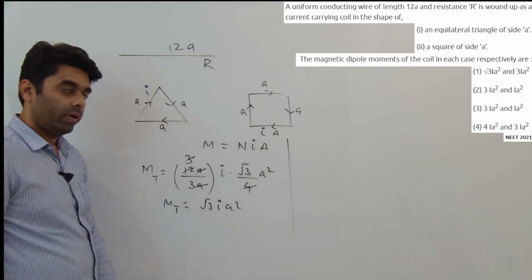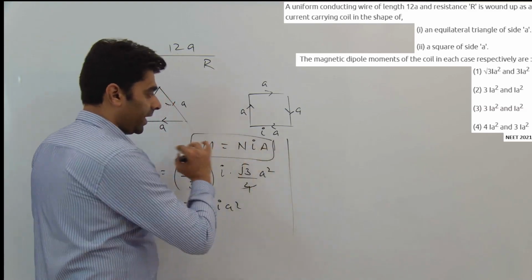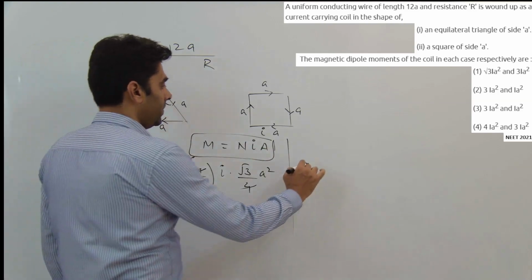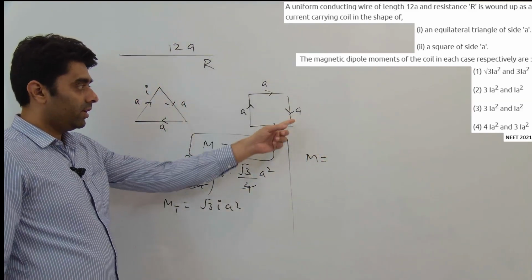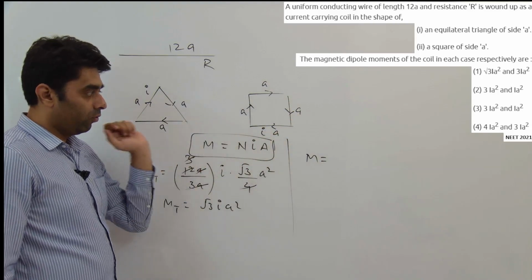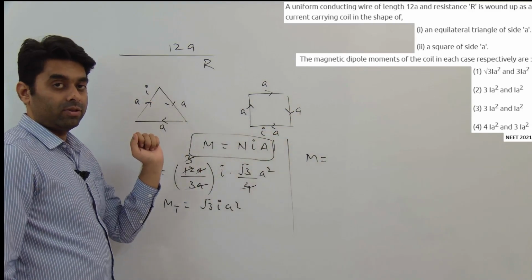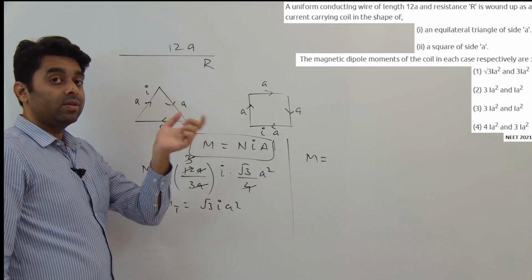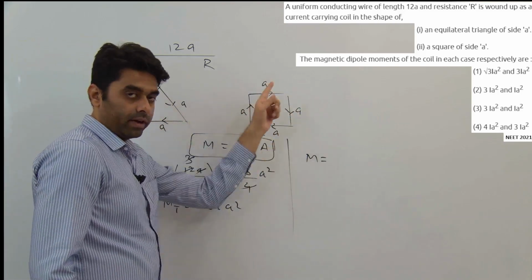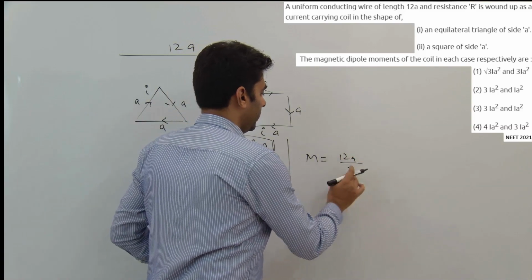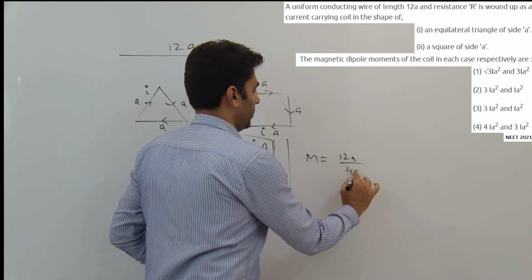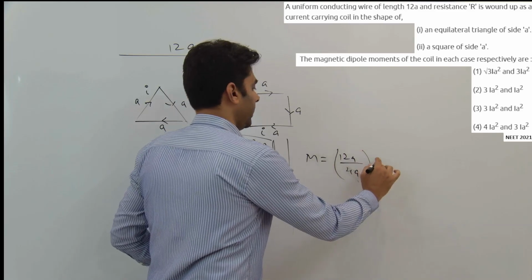Next, for the square, again the relation is the same magnetic moment relation. M is equal to N, the number of turns. Here the total side length will be 4A and you have 12A as the total length. So 3 turns will be coming. We can write 12A by 4A, for the square it will be 4A, into current I, into area.